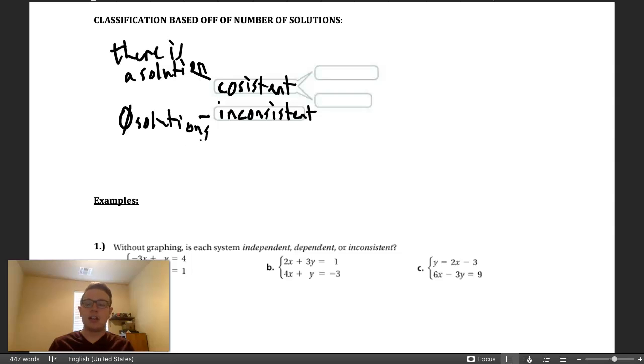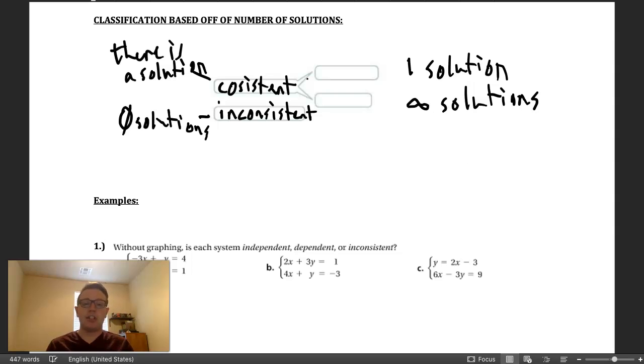Now on top of that, we learned that there were two different ways that we can have solutions. We could have one solution, or we could have infinite solutions. If we have just one solution, we call that independent.